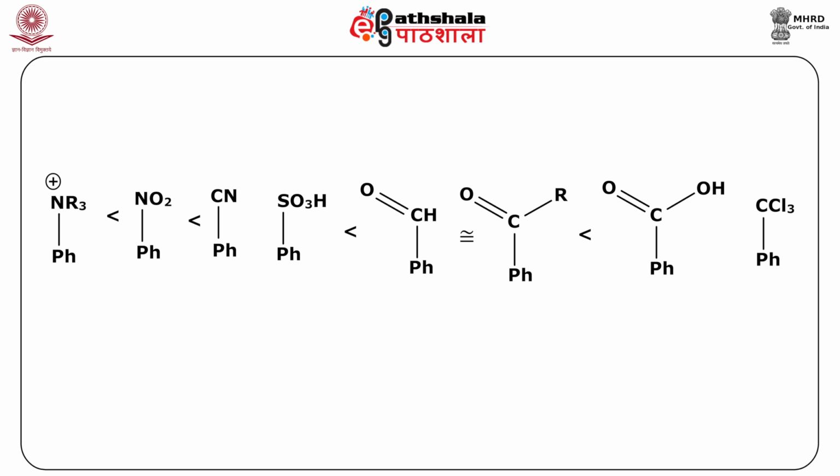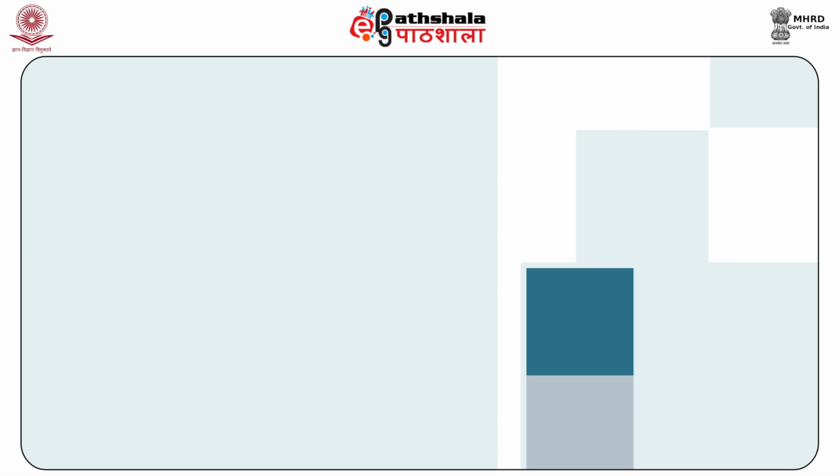Note that cyano and sulfonic acid are almost at the same position, with almost the same electron withdrawing or deactivating effect. Then comes the phenyl ring attached to the aldehyde. Then approximately similar is the ketone. Then comes your carboxylic acid, and similar position is held by the CCl3 group or CF3 group.